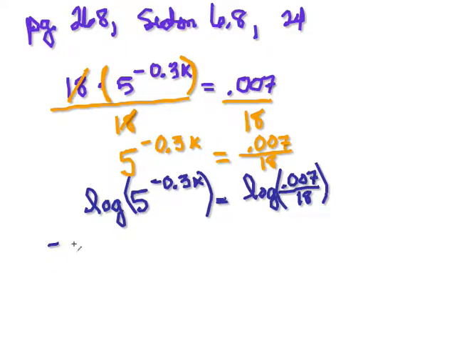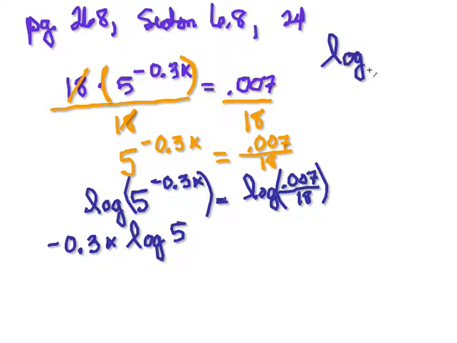I can take that exponent out and multiply it by the log of the rest of the argument, which is just the log of 5. Because remember, the log of 3 to the 5th does equal 5 times the log of 3. That's one of the properties of logarithms.